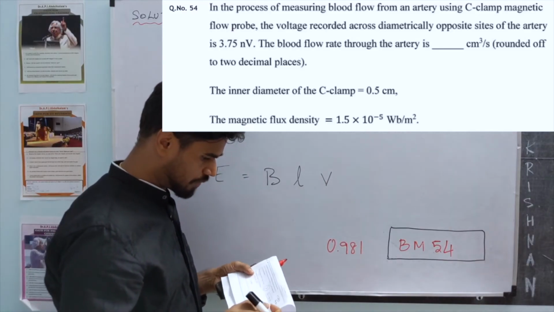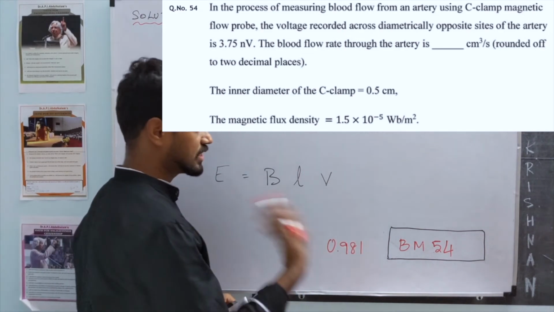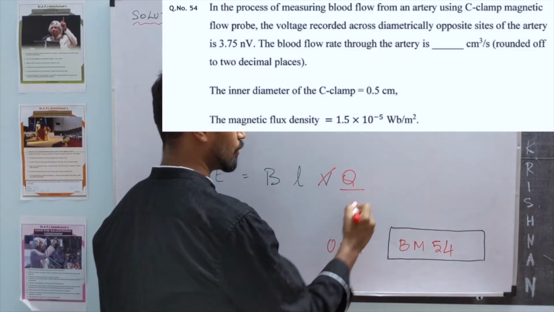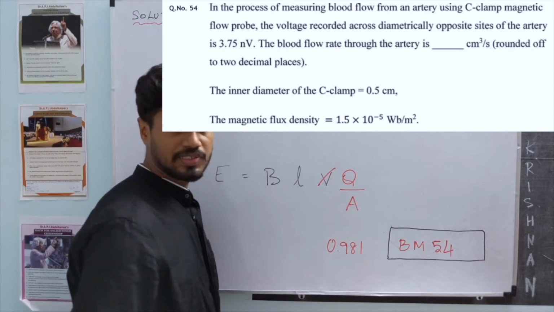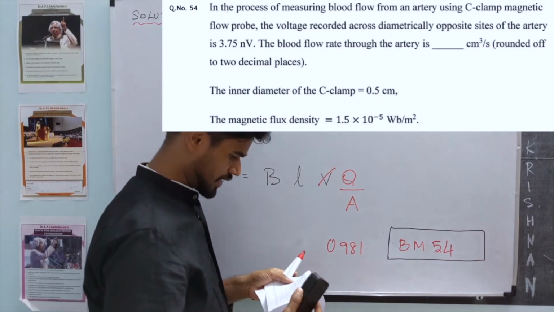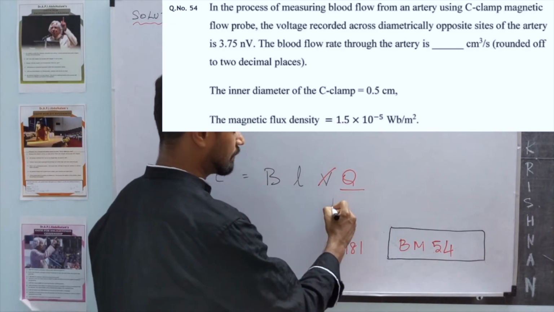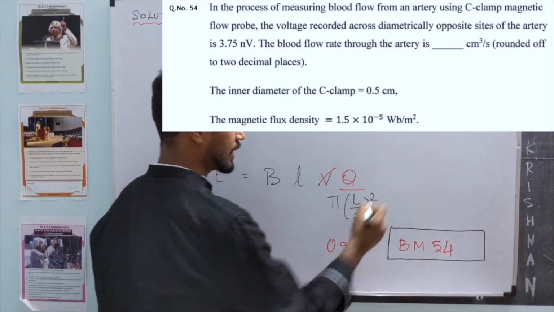Okay, we want blood flow rate, so let's convert this velocity in terms of flow. So V is nothing but flow over area, right? And the area, for a C-clamp, is pi r squared, or pi times (diameter L by 2) squared, right?